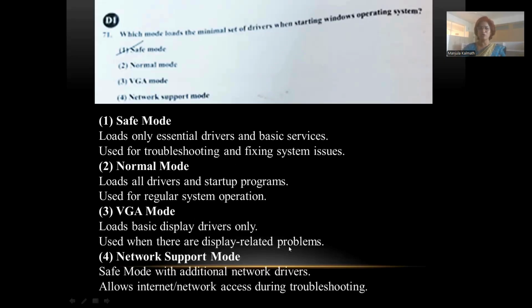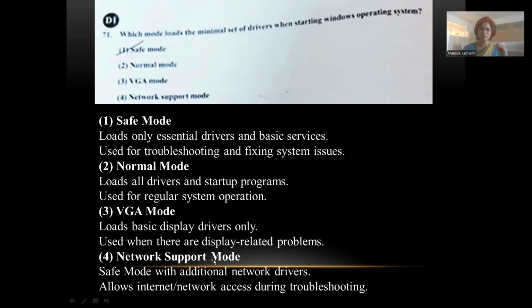Any display related problems means we just have to check within the graphic driver, and that will be in VGA mode. Then next we have network support mode. Safe mode with additional network drivers allows internet network access during troubleshooting.